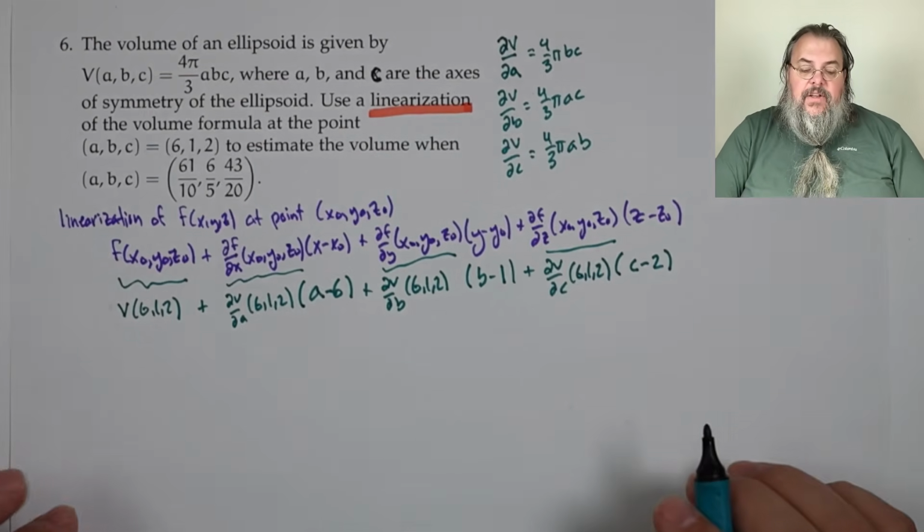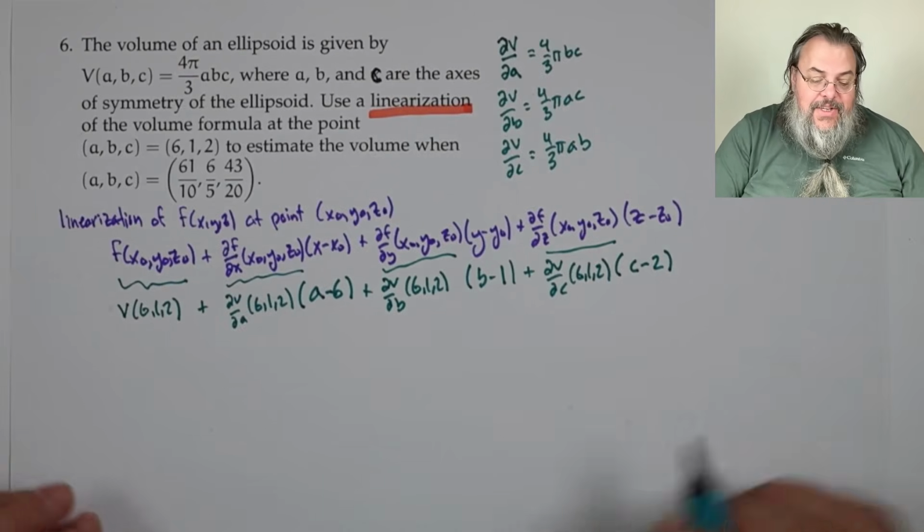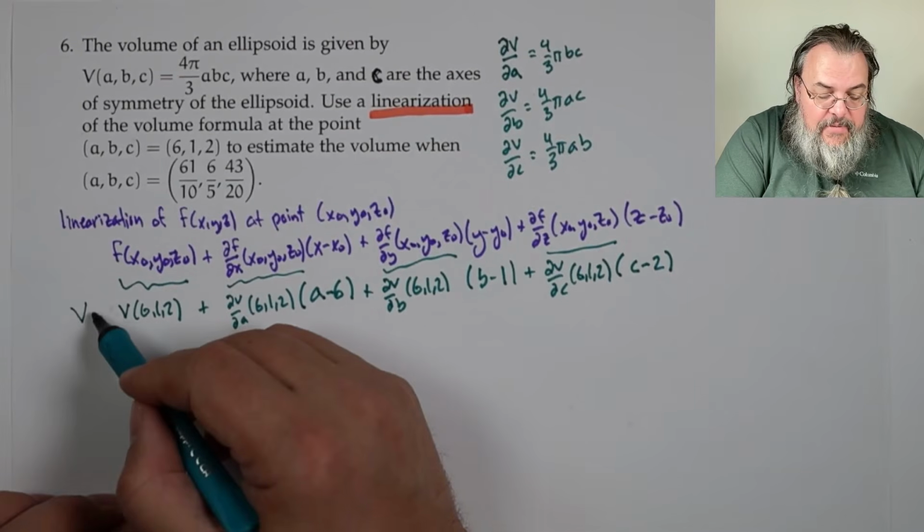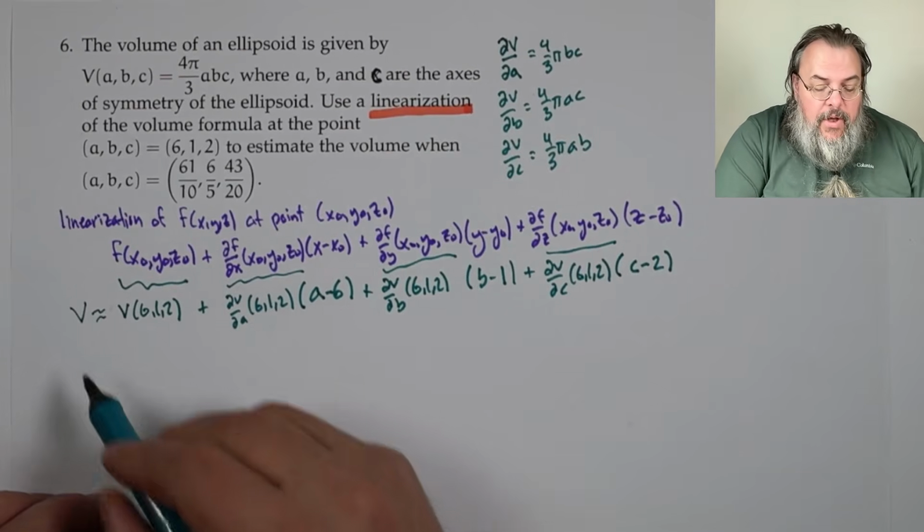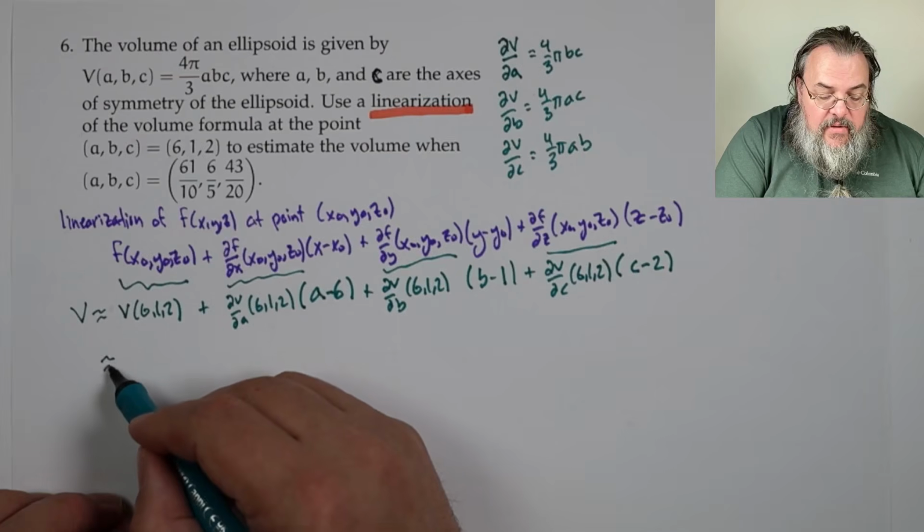All right, so that's the linearization. And so that's the punchline. Volume is approximately that.